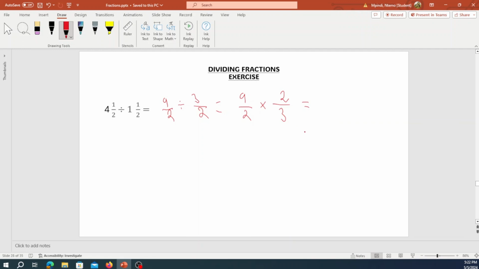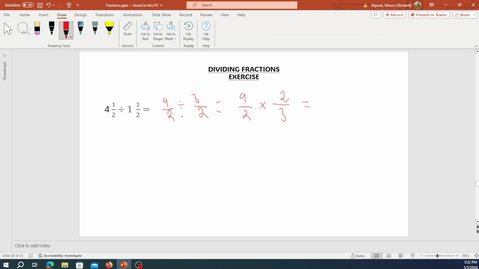Now, in case you don't get it, how I get this 9, this is what I have done. 2 times 4 equal 8 plus 1 equal 9. How did I end up getting this? 2 times 1 equal 2 plus 1 equal 3. That's how I end up getting it.